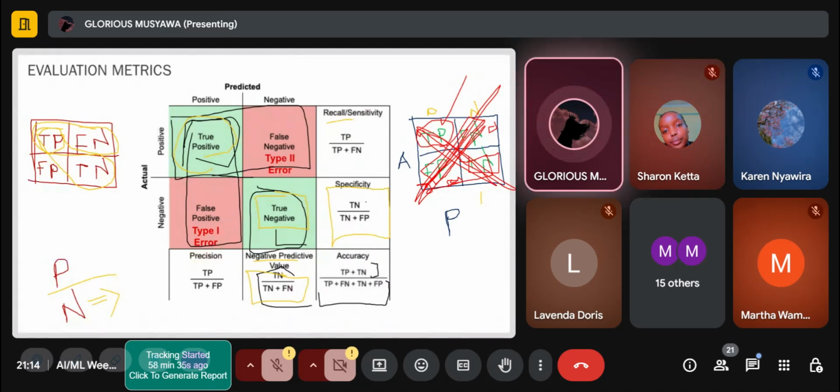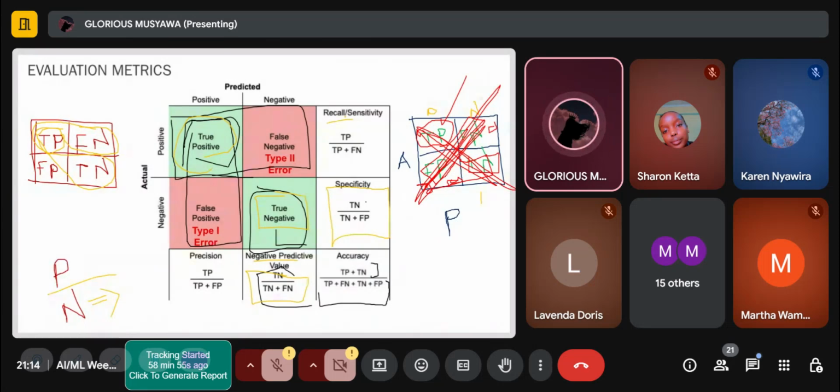So accuracy is the general measure: how accurate is my model? But for recall, as you've said, sensitivity. Sometimes we're not concerned about accuracy.